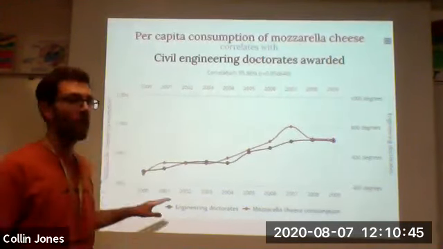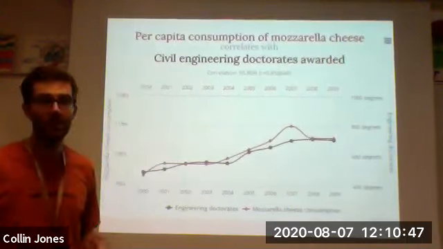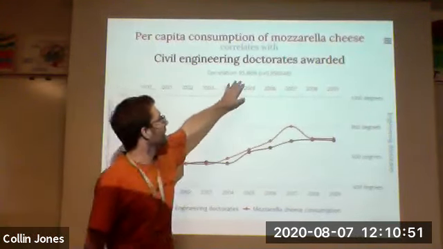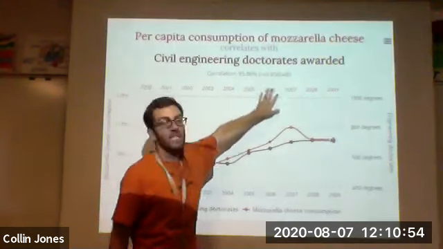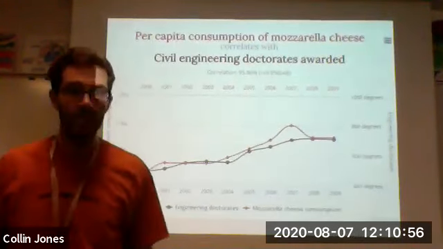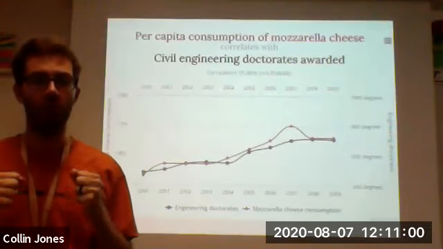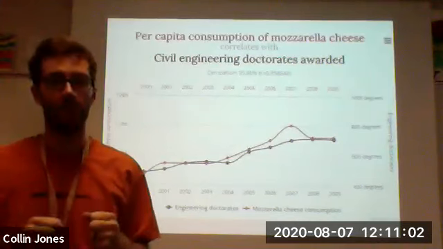These two lines look really similar. In fact, if you could zoom in here, it says that the R value is 0.96, so close to +1, meaning there's a really strong relationship between these two variables.